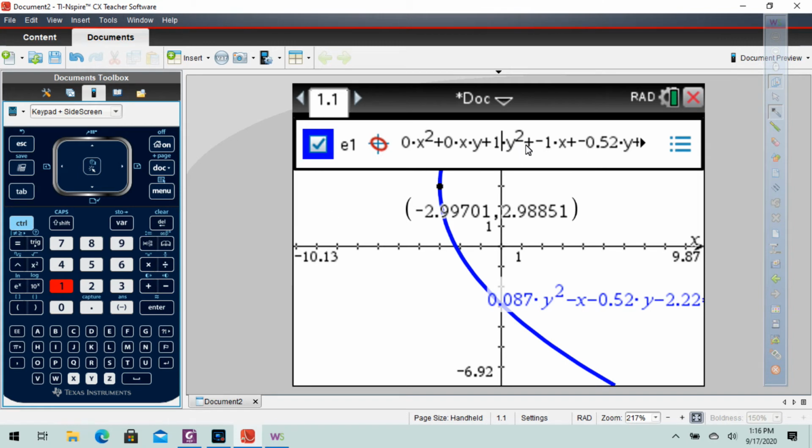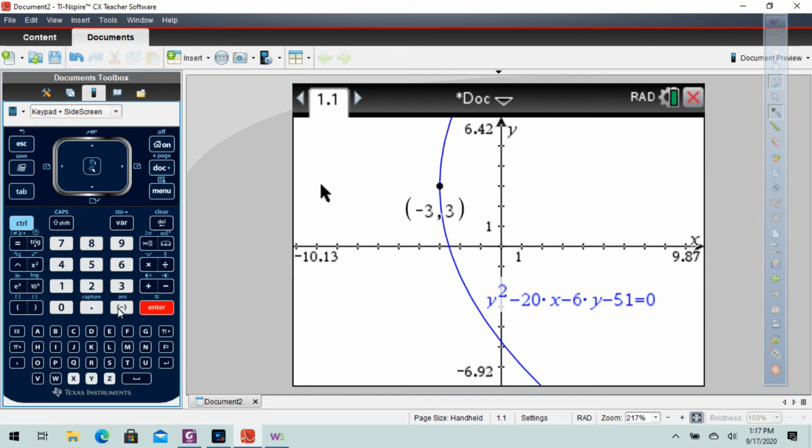And then negative, well, x was -20, wasn't it? -20. And y was -6. And we had -51 for our constant. There it is. y squared minus 20x minus 6y minus 51.